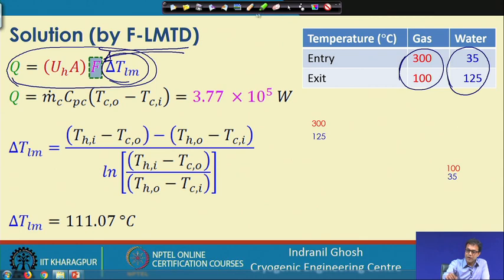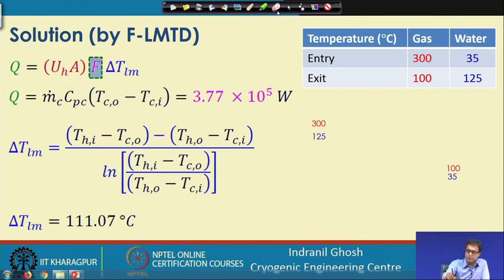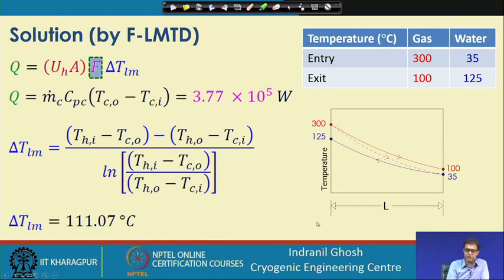If we look at this temperature profile, we will find it is a cross flow exchanger, so the temperature profiles are not actually known to us, but we assume it to be as if this is a counter current exchanger, where the hot fluid stream is entering from this end and moving out at 100 degree centigrade, whereas the cold fluid is entering at 35 degree and moving out at 125 degree centigrade.